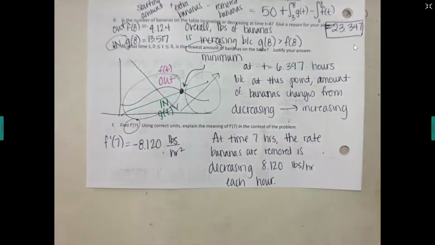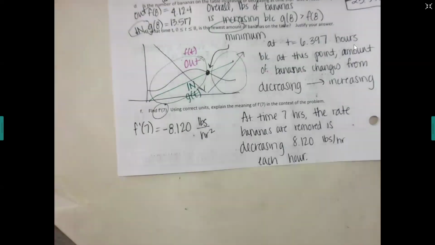I'll give you a second to write that down. So if F is how fast the bananas are going, and F prime is a negative number, then I know the rate they're being taken off the table is slowing down. It's decreasing. And then if you wanted to put pounds per hour squared instead of pounds per hour each hour, that's fine. Those are the same thing.